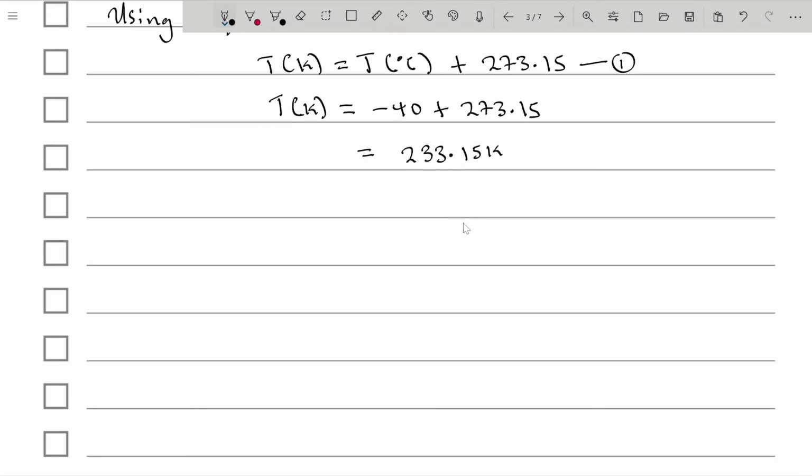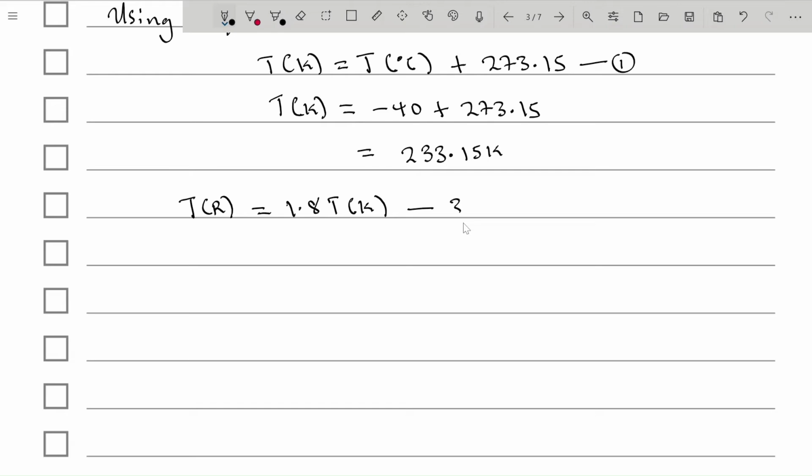Likewise, to convert this to Rankine, we are going to use equation 3, which is temperature in Rankine is equal to 1.8 times temperature in degree Kelvin.